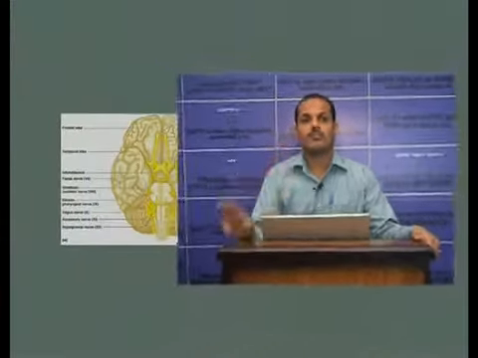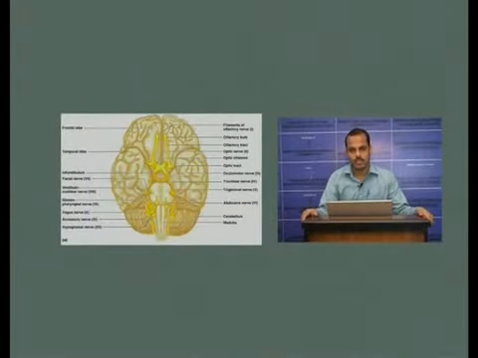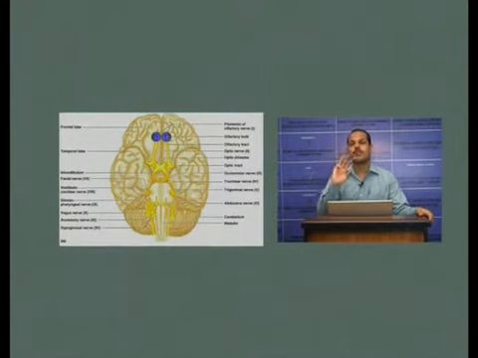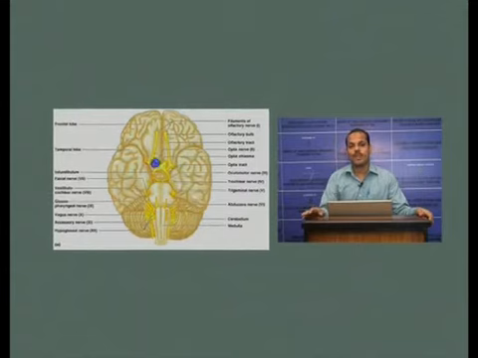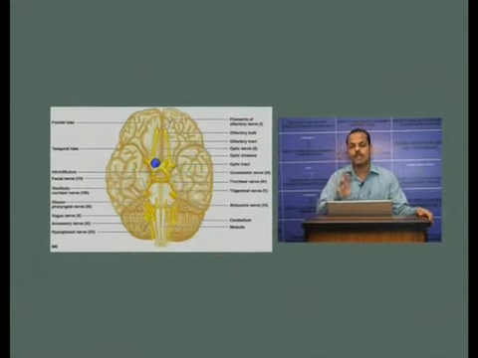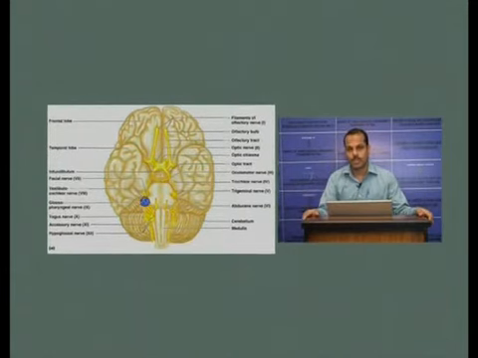There are 3 sensory cranial nerves: cranial nerve number 1, the olfactory nerve, cranial nerve number 2, the optic nerve, and cranial nerve number 8, the vestibulocochlear nerve.